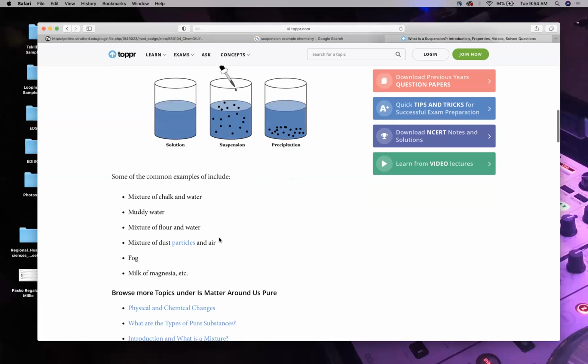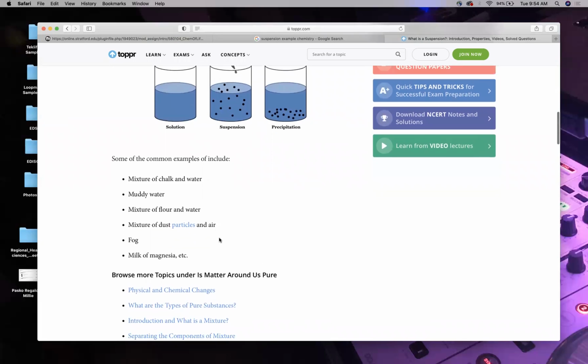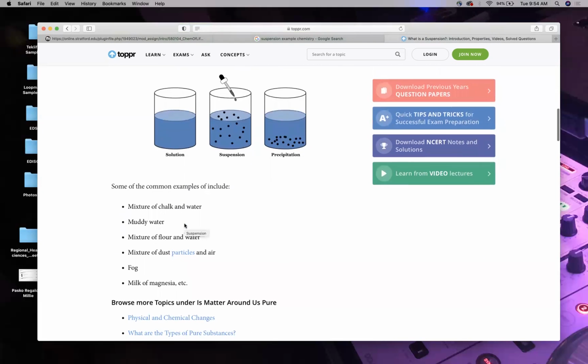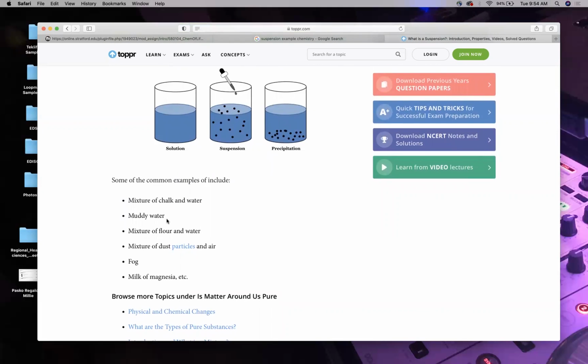So here are some examples. What's a common example of a suspension? Muddy water, flour and water. You can see that there are particles floating around in there. My example of a colloid is mayonnaise, because mayonnaise is made of oil and egg whites and some other things, and it'll all be floating around there.